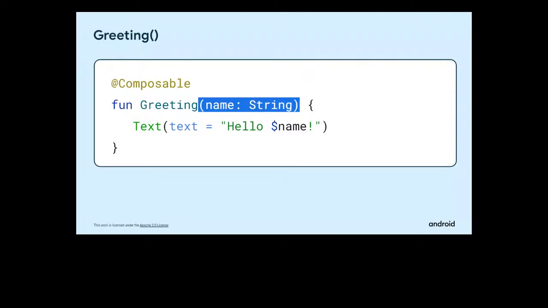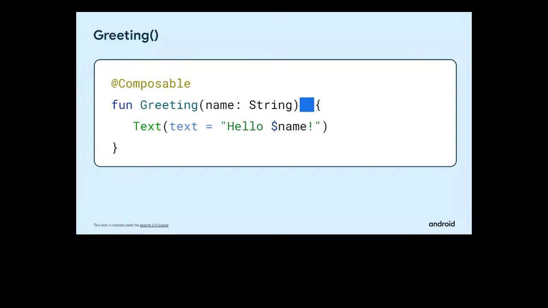Then within the greeting function, oh yeah, this is also an important part. You actually need to give a space between the two declarations. You can either put a white space or an enter. And then one important part is there is no return type. I'm stressing on this again.